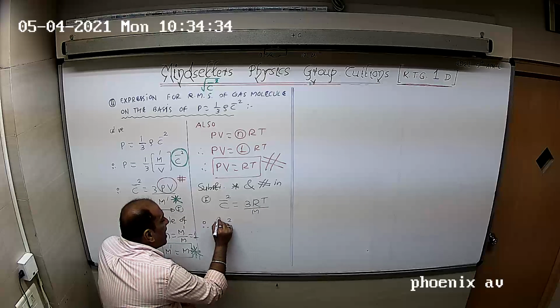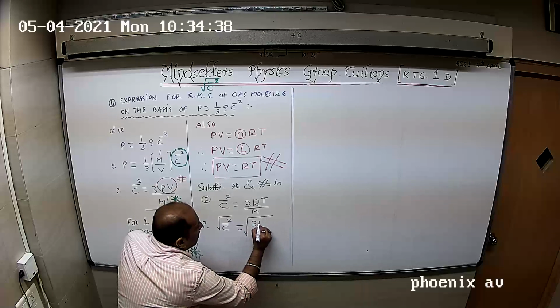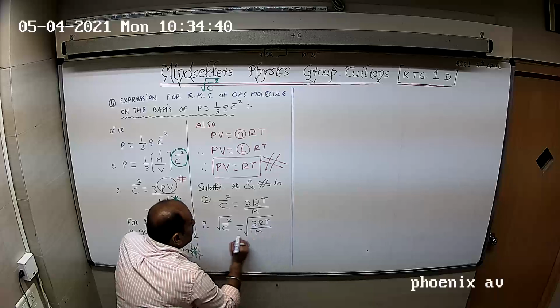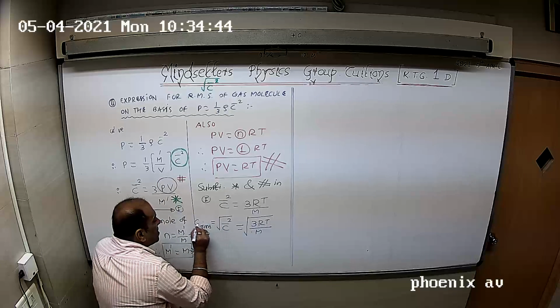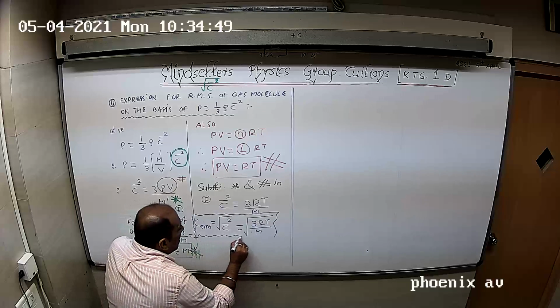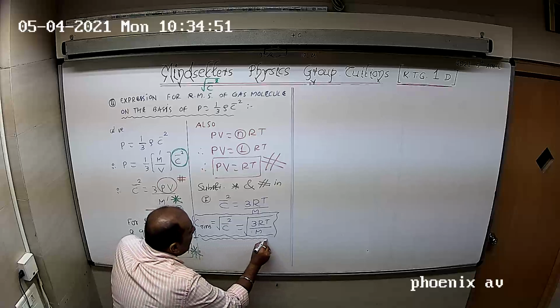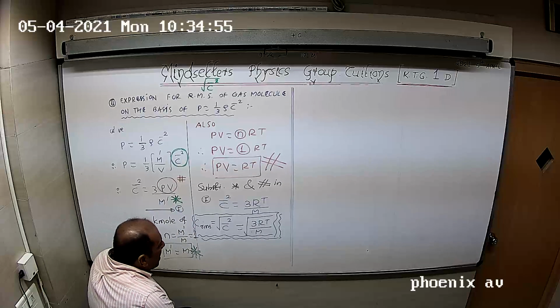The root of C bar square is root of 3RT upon M. Right? This is nothing but CRMS. And this is our main hero of the story.